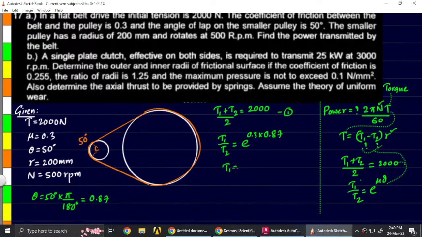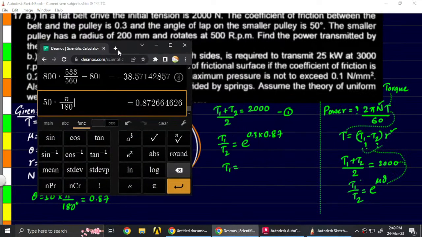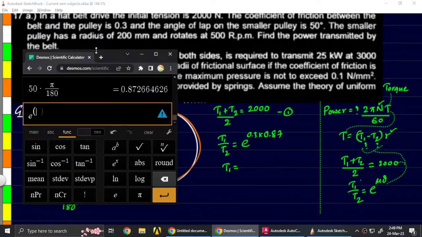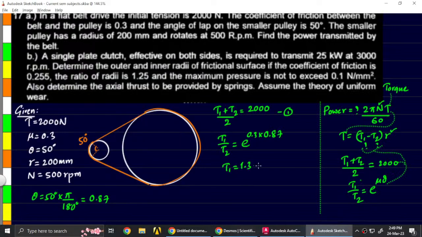So we will get the value of T1 as this value into T2. So let's find that value. e to the power 0.3 into 0.87, so 1.30, that is T1 equals 1.3 times T2. So this we need to substitute to get the value of T2.